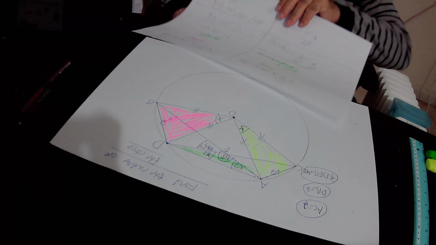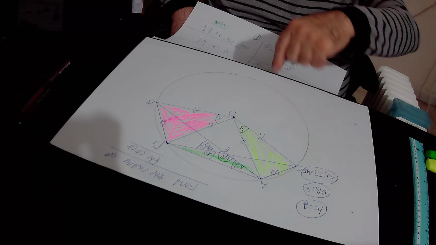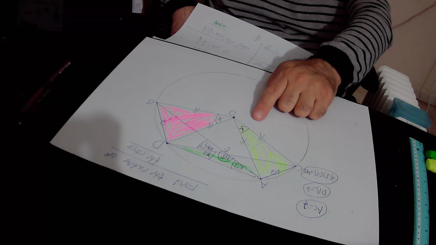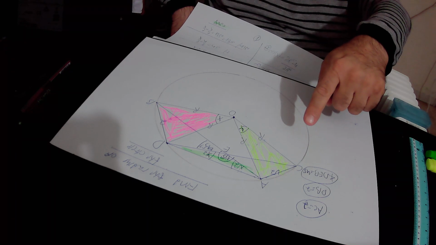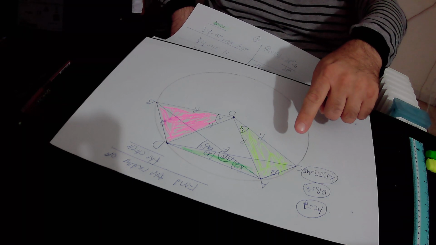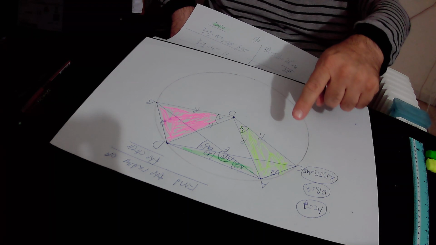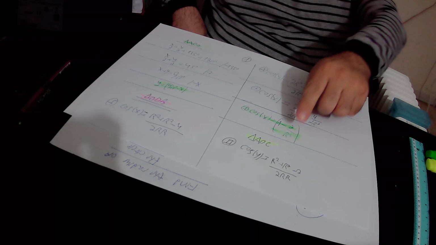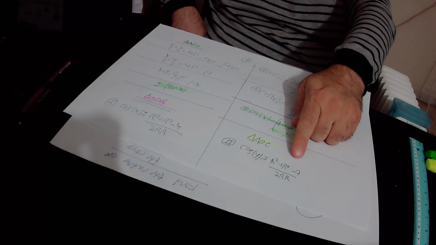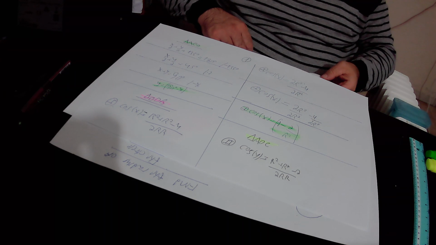Then we implemented the law of cosines on the yellow triangle, triangle AOC. According to the law of cosines, cosine y equals r squared plus r squared minus the square root of 2 squared. The square root of 2 squared is 2, so it is minus 2, over 2 times r times r. So cosine y equals r squared plus r squared is 2r squared, minus 2, over 2 times r times r, which is 2r squared.